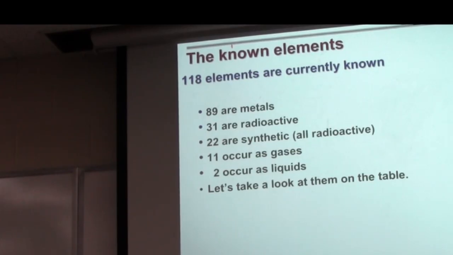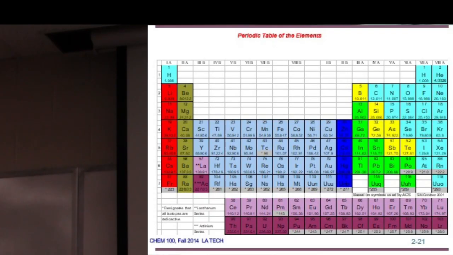Synthetic means the ones in outline letters. These are in normal letters, and the outline letters are synthetic.